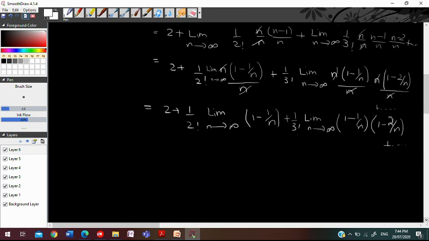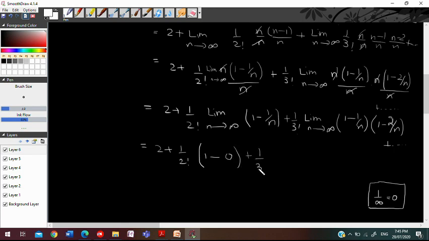See what we get? 2 plus 1 by 2 factorial. Now 1 minus 1 by n, 1 minus 1 by infinity. 1 by infinity gives you 0, right? 1 by infinity is equal to 0. So when you apply the limit on this term, you will get 1 minus 0 plus 1 by 3 factorial.